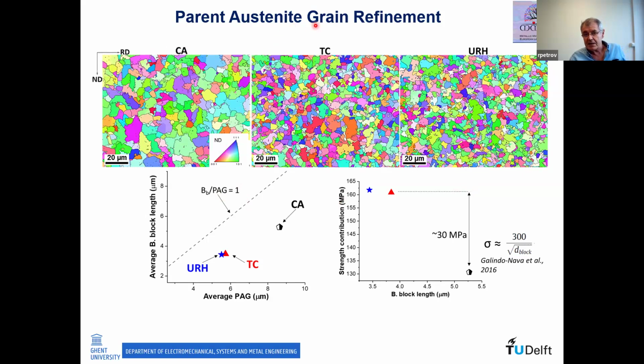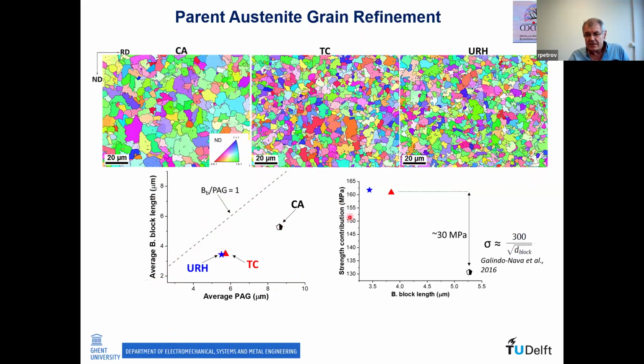Thermocycling already gives remarkable refining, and ultra-rapid heating also gives refining. Here I plot the average prior austenite grain size, and here is the average block length. So this is the link between the block length of the martensite and the prior austenite grain size. And here we have ultra-rapid heating and thermocycling practically the same, and conventional annealing.